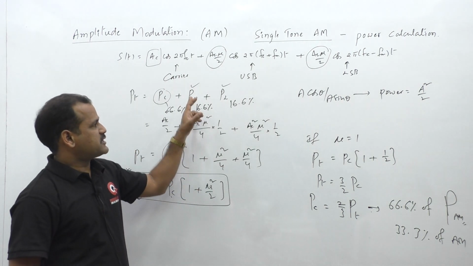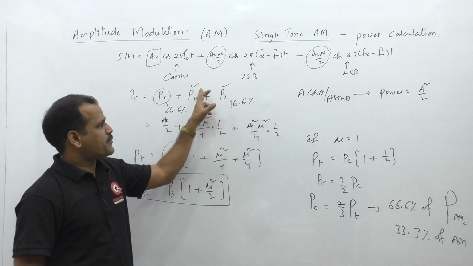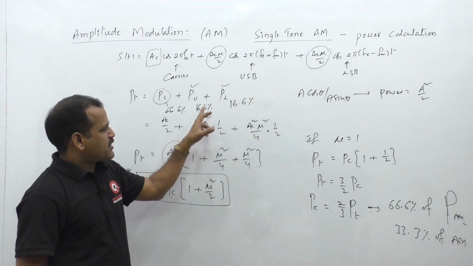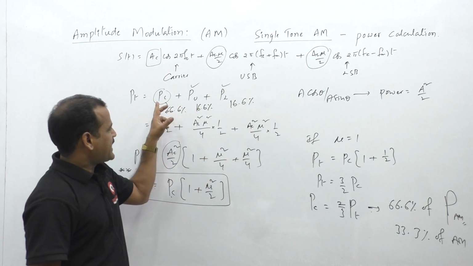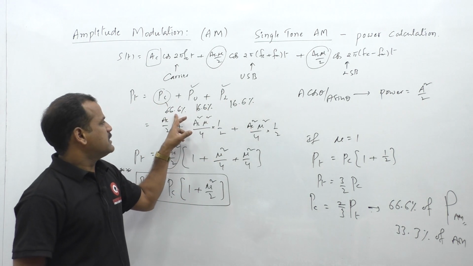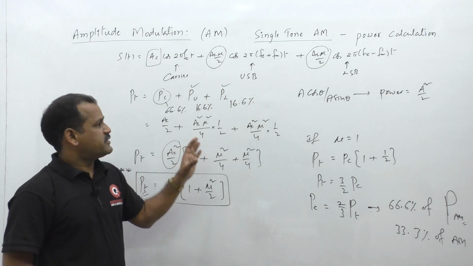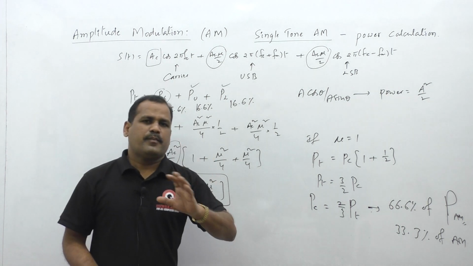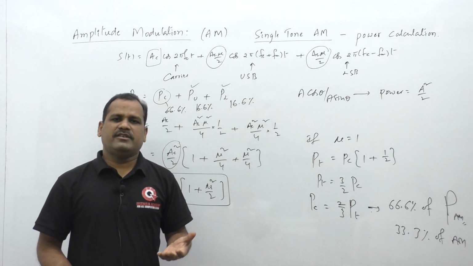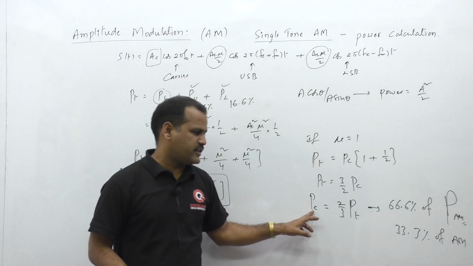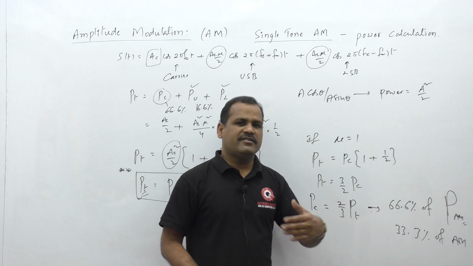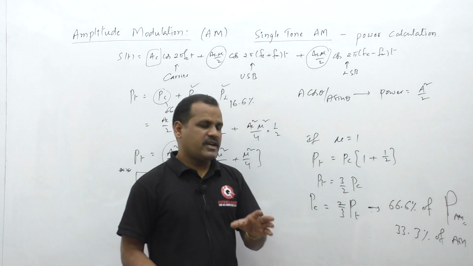The total information lying in the message signal in terms of upper side band and lower side band consumes only 33.3% of total AM. But the carrier signal consumes 66.6%, which is considered a wastage of power. So some power is wasted in conventional AM signal in terms of this carrier signal. So we need some modification for saving this power.